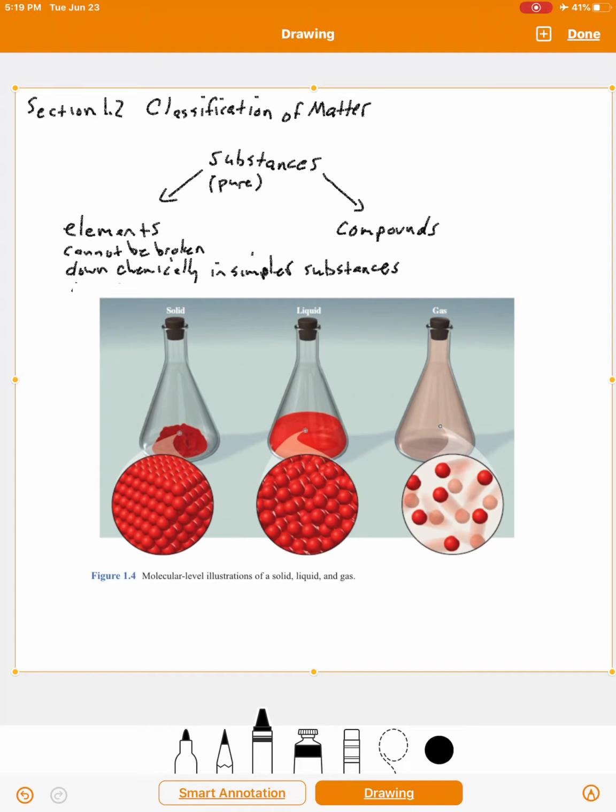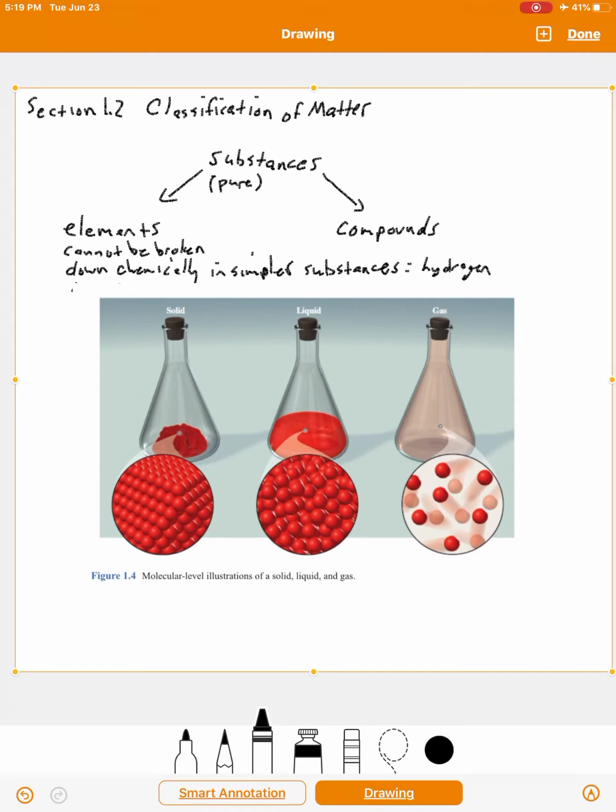Okay? So an element cannot be broken down into something simpler. An example of that would be hydrogen. Hydrogen cannot be broken down into, let's say, johnsonium and woodonium. Hydrogen is as simple as it can get from a chemical perspective.